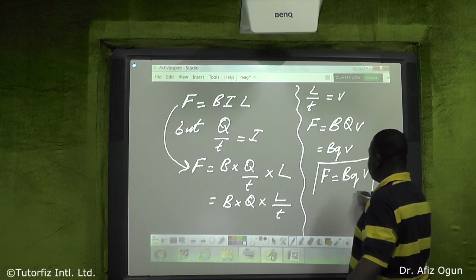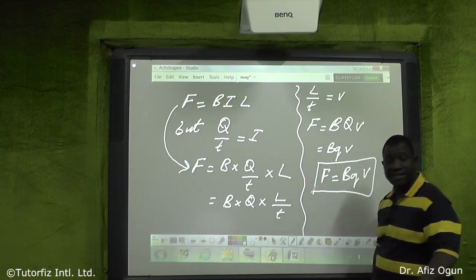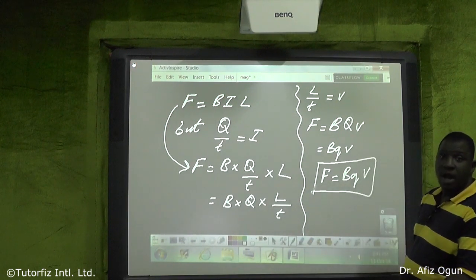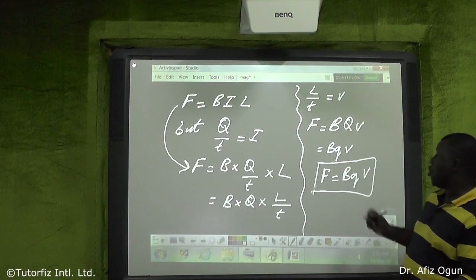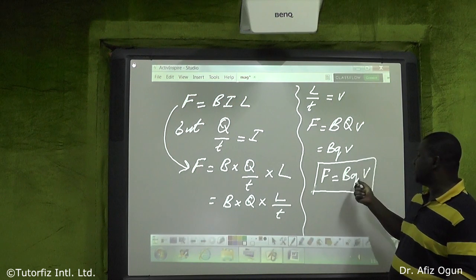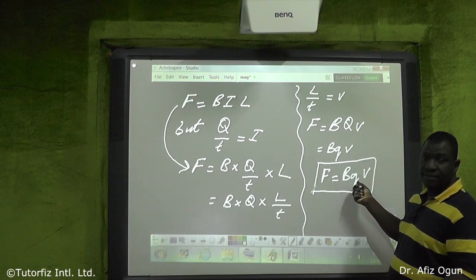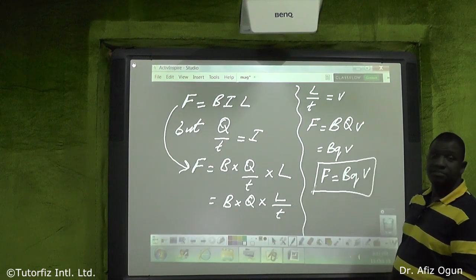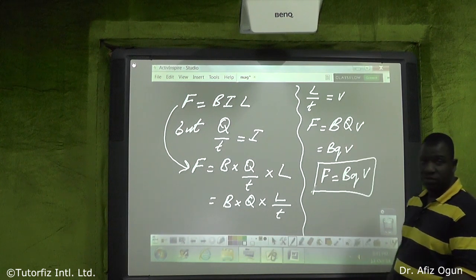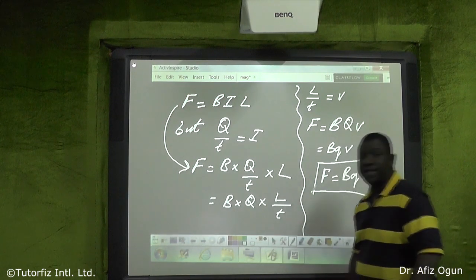For a charged particle moving in the magnetic field, the magnitude of the force on that charged particle depends on the magnetic field, the magnitude of the charge on that particular particle, and the speed with which it enters the magnetic field. Don't forget that.